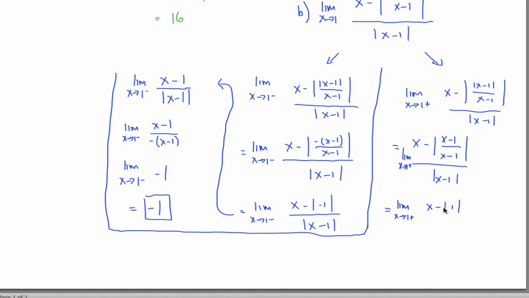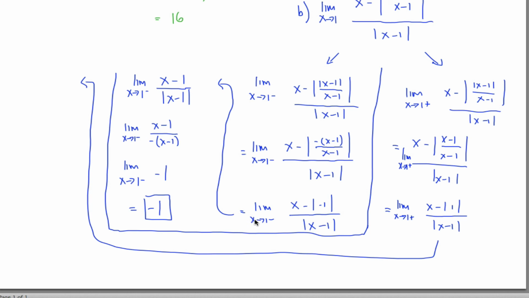So I have x minus the absolute value of 1 over the absolute value of x minus 1. The absolute value of 1 is just 1. So this is the limit as x approaches 1 from the positive side of x minus 1 over the absolute value of x minus 1.